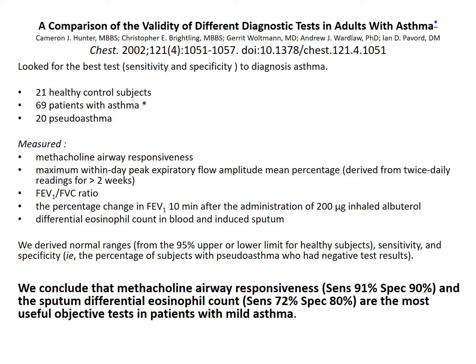We've got 69 patients with asthma, and they defined asthma as people having a positive methacholine challenge. And people with asthma-like symptoms, which they've called pseudo-asthmatic, were later found on further investigation not to have asthma, and they had things like reflux, which they treated and the symptoms went, or hyperventilation syndrome.